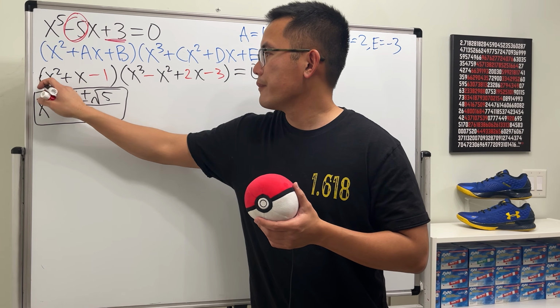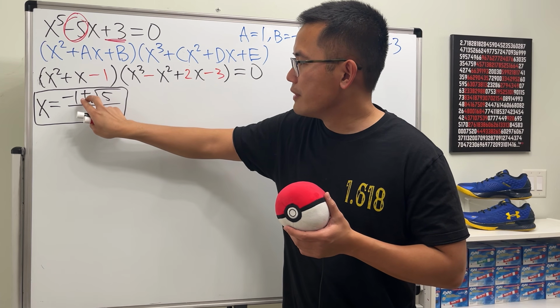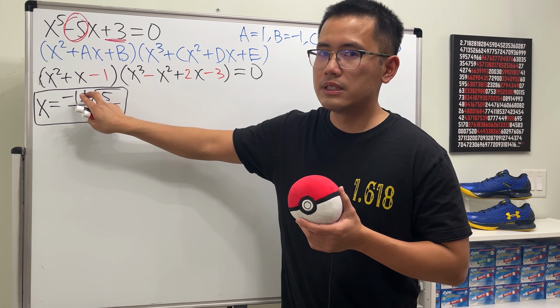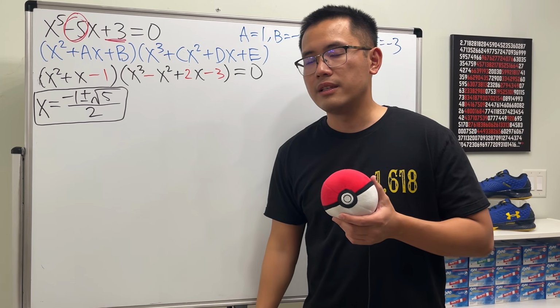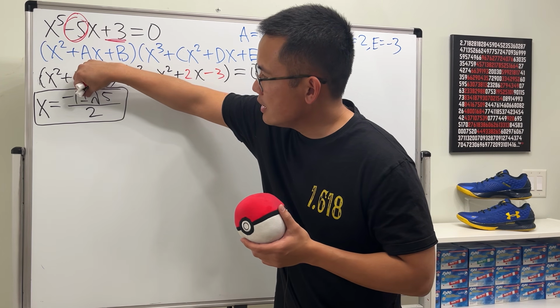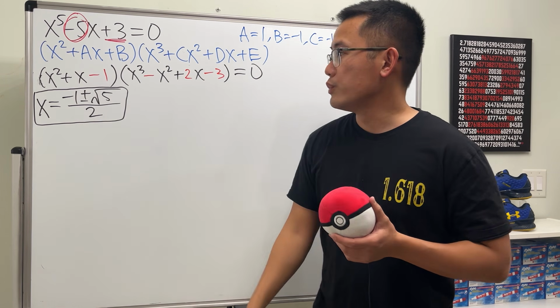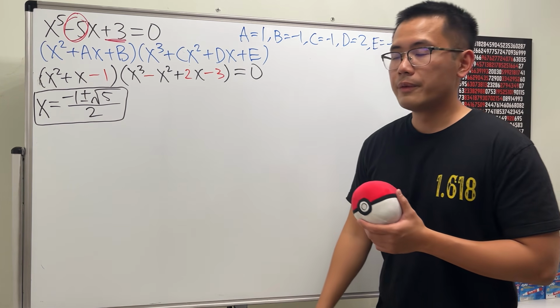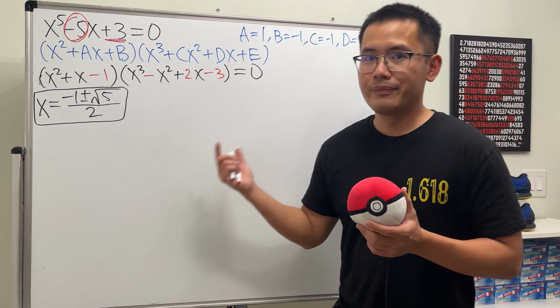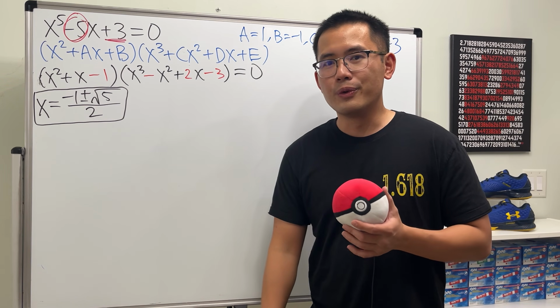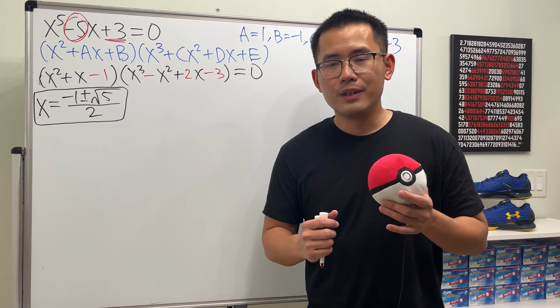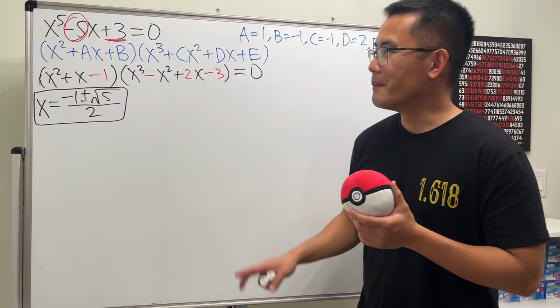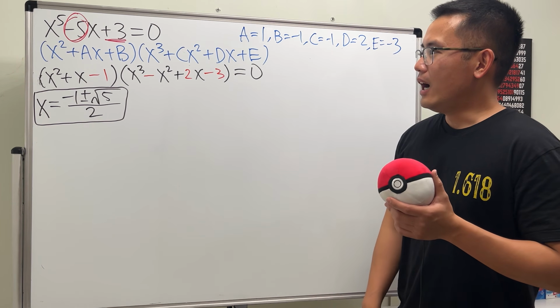If we have the plus, we get 0.618, so it's 1 less than the golden ratio. If we have the negative, that's the negative golden ratio, namely negative 1.618-ish. So that's the question I asked you guys to do in my Newton's method video. So that's how we get that.